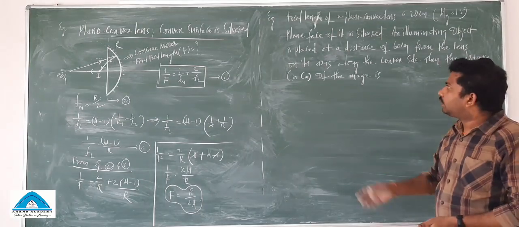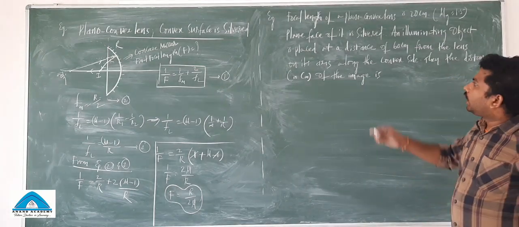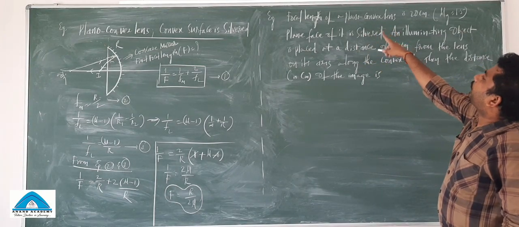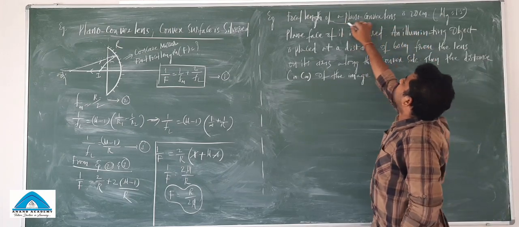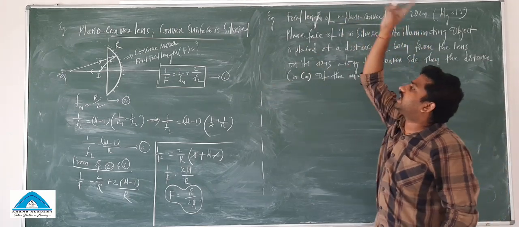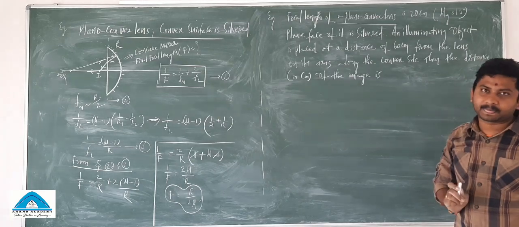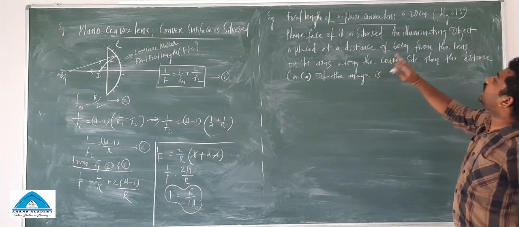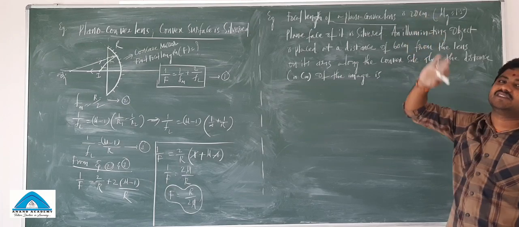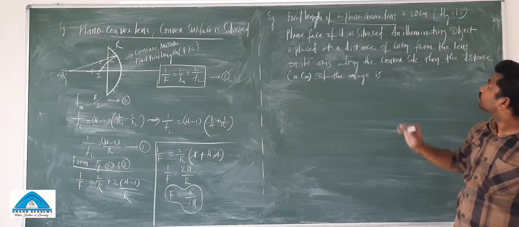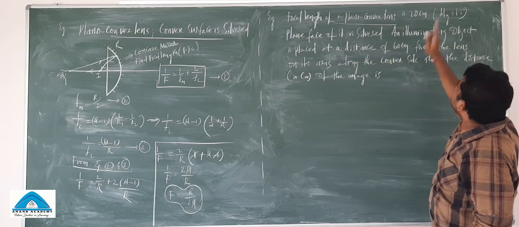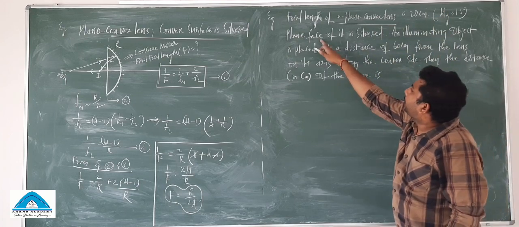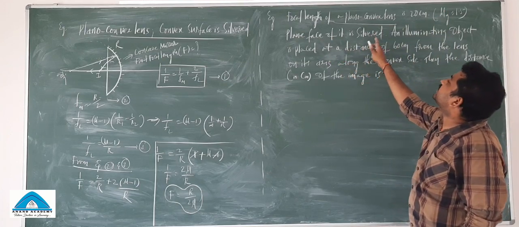Now, the focal length of a plano-convex lens, which we had just discussed, is 20 centimeters. Focal length is given as 20 centimeters. Refractive index is mentioned. Plane face of it is silvered.